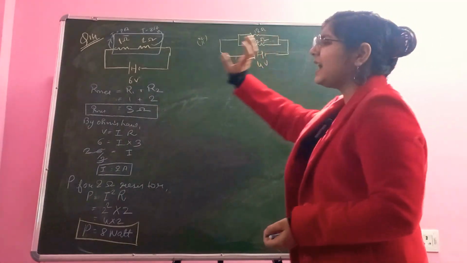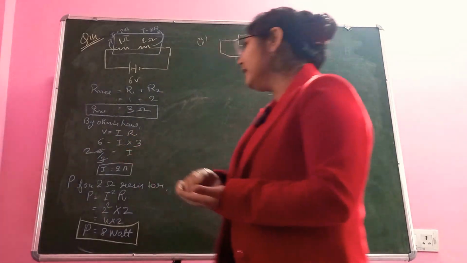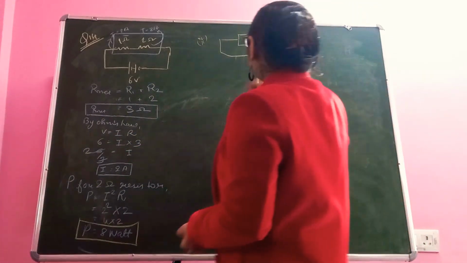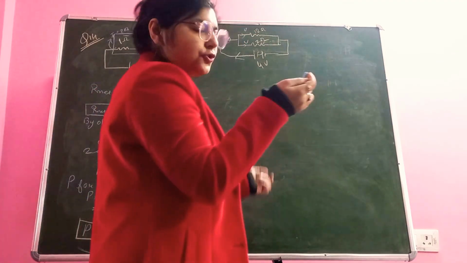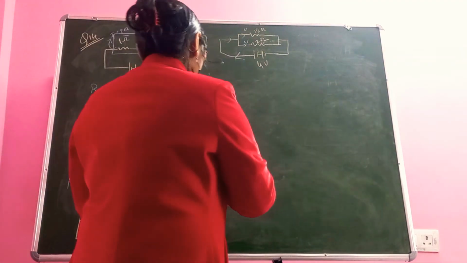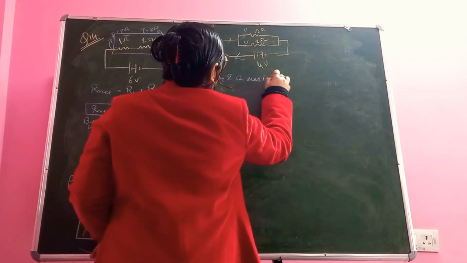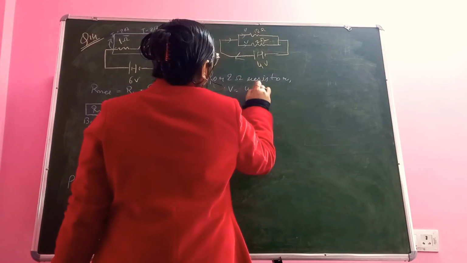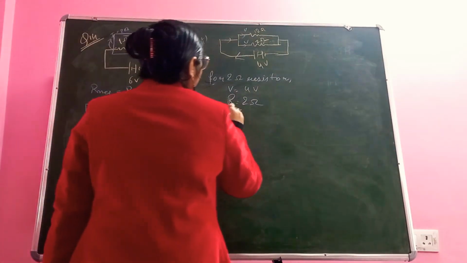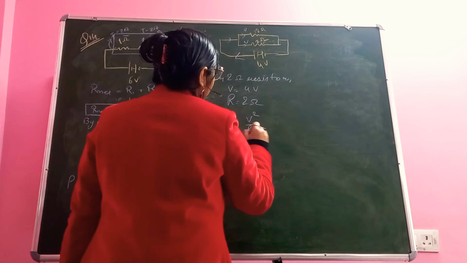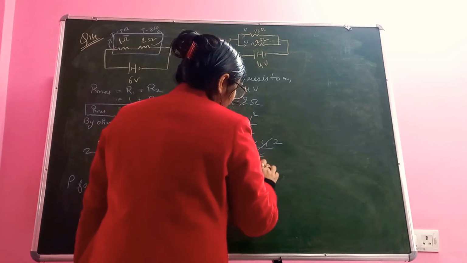Some students calculate R net, then find the current, and then the power. There is no need to do that, because we know that in parallel the voltage remains the same. So V is 4 volt for both of them. For the 2 ohm resistor, V is 4 volt and R is 2 ohm, and power is equal to V square by R. Putting the values, 4 into 4 upon 2, we get 8 watt only.